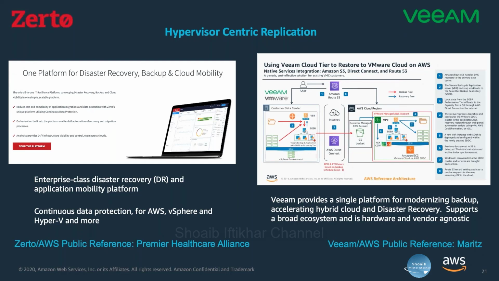Veeam started as a hypervisor-centric offering and has expanded to backup and disaster recovery. Like Zerto, it fully orchestrates the entire process and provides a single pane of glass. Each has its own particular strengths and should be considered for VM-centric environments. Here you can see an AWS reference architecture with Veeam that efficiently backs up and replicates VMware VMs to AWS S3.